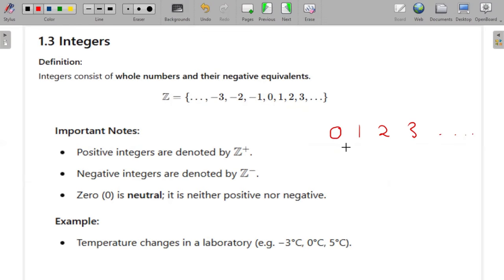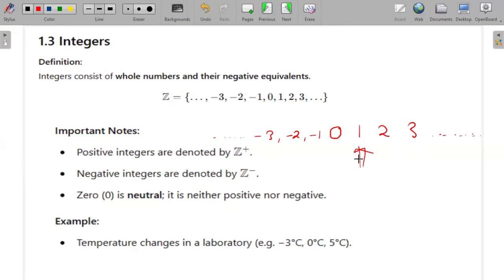Whole numbers. So now, to this set here, if I include -3, -2, -1 like that, I've just taken these numbers and then added a negative in front. So if I now have such a set, -3, -2, -1, 0, 1, 2, 3, and then it goes wherever it's going, this set is going to be called the set of integers.